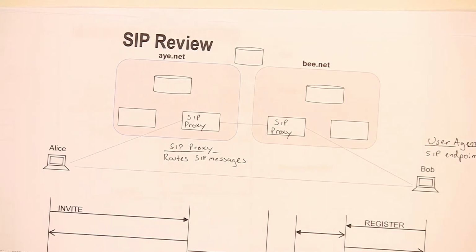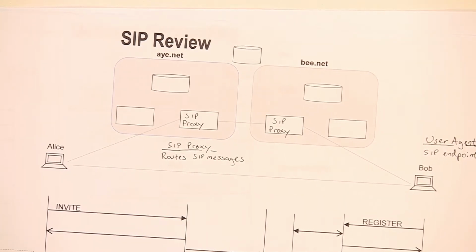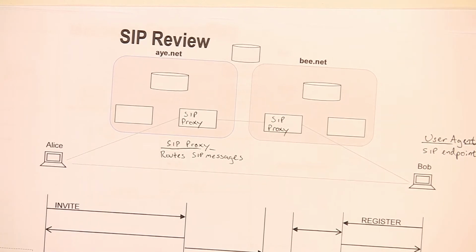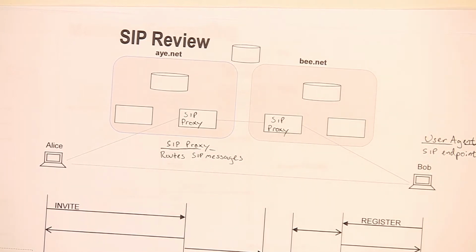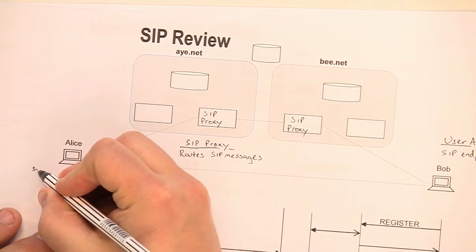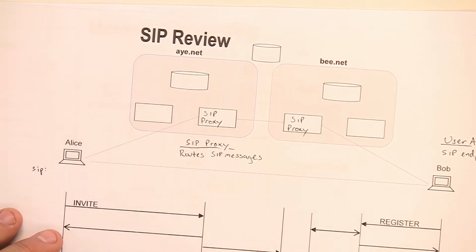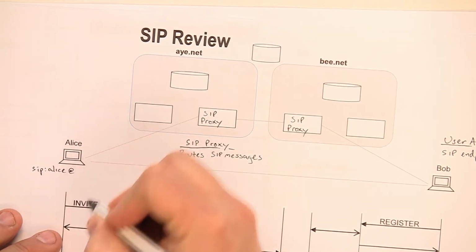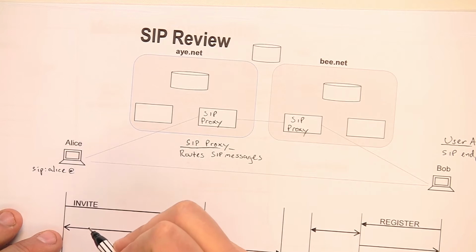And as you saw in the presentation before, they have an IP address that they've been given before, and they have some kind of operator assigned name that they will use as essentially a phone number. So over here we have Alice, and her SIP address is SIP:alice@a.net.